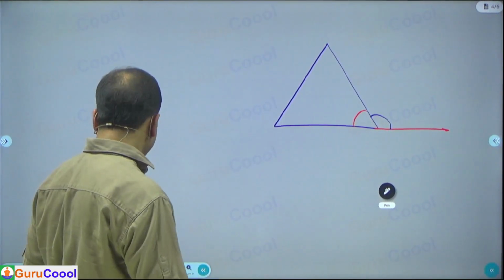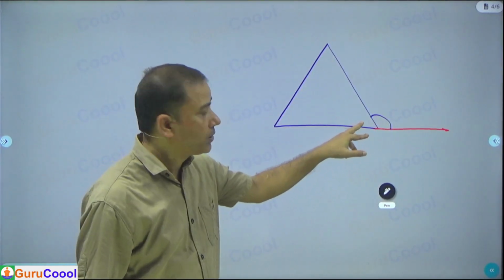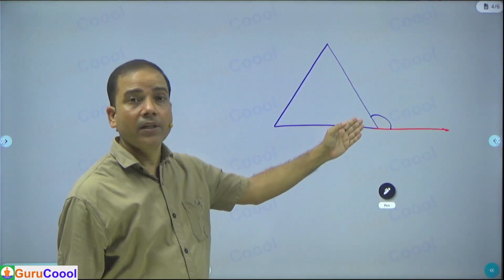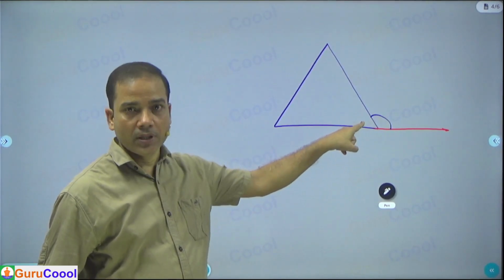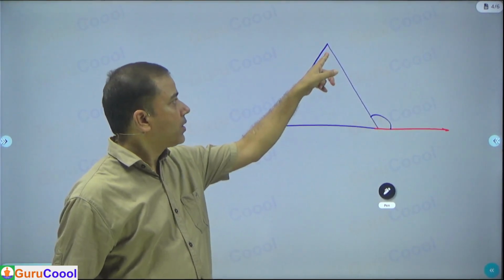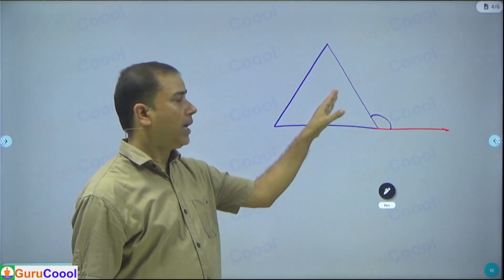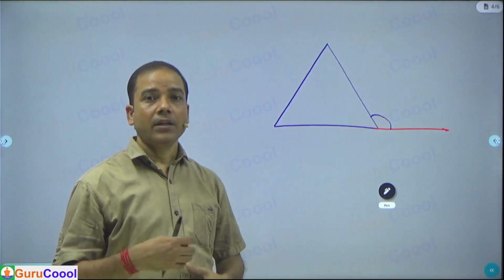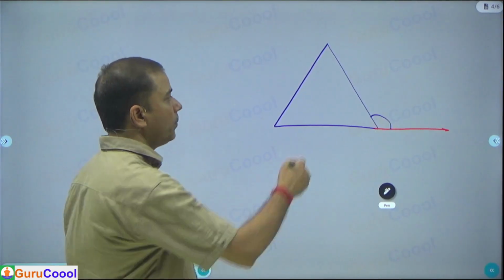What we need to do is consider the other two interior angles, not just the adjacent one. This is the neighboring angle, the adjacent angle, we don't have to consider this one. Let us consider these two. These two interior angles are known as opposite interior angles.